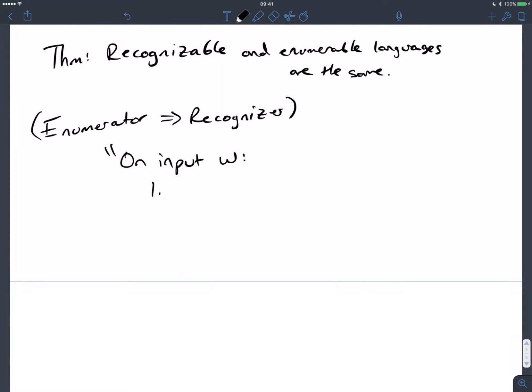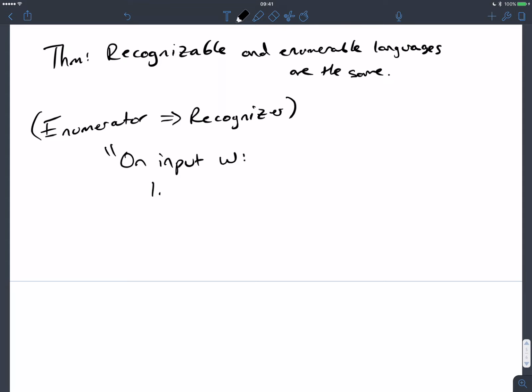Okay? So let's see. If W really is in the language, what do I know about that string and the enumerator? It'll be enumerated at some point. What if it isn't in the language? It will not be printed, ever.